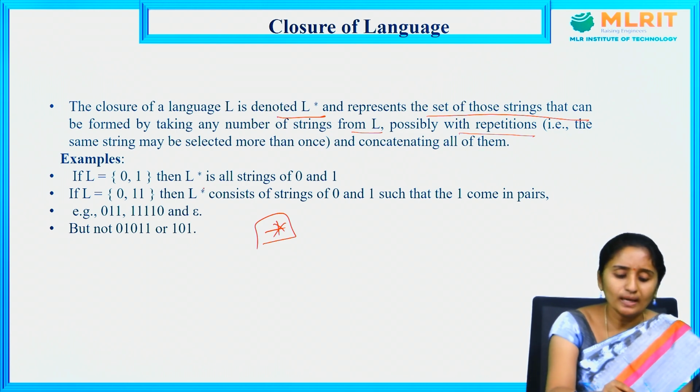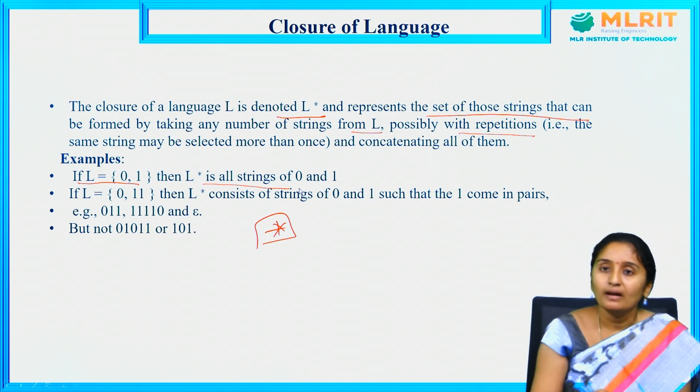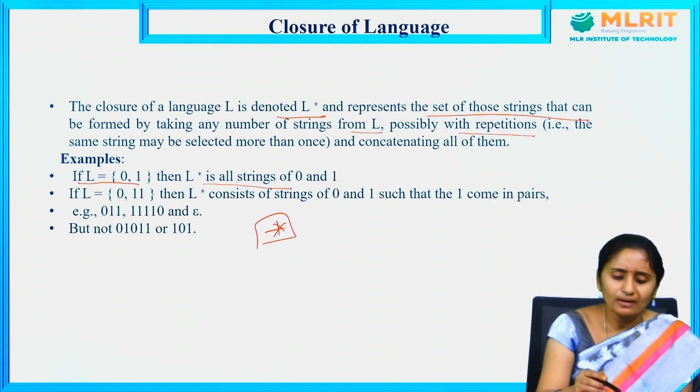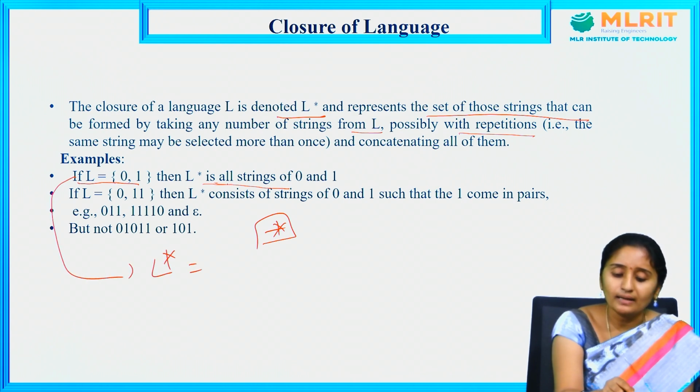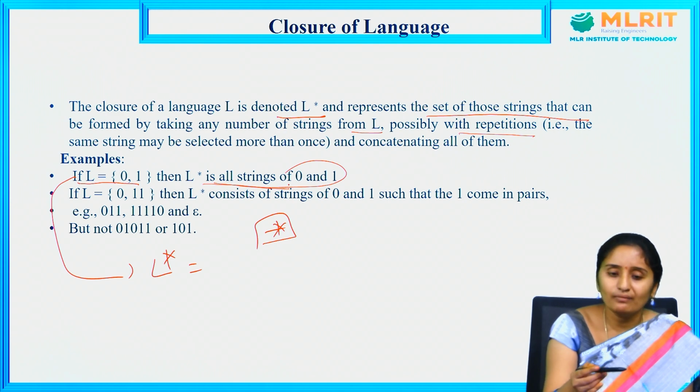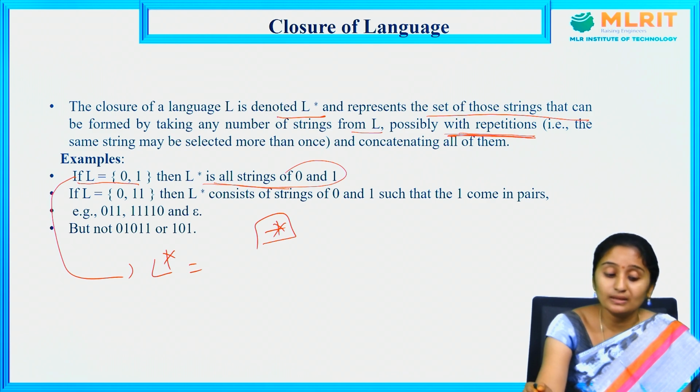See here what I am going to have. If L equal to 0, 1, then L star is nothing but all strings of 0 and 1. I can write combinations of 0 and 1 and also repetitions, which we have discussed in the definition: possibly with repetition.